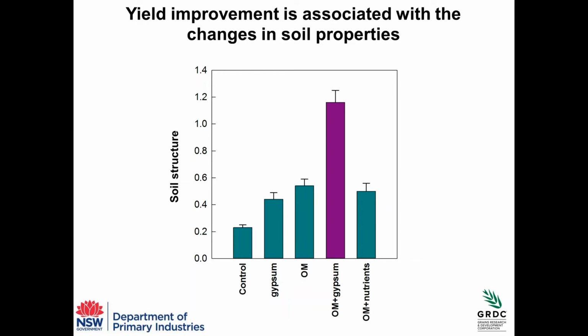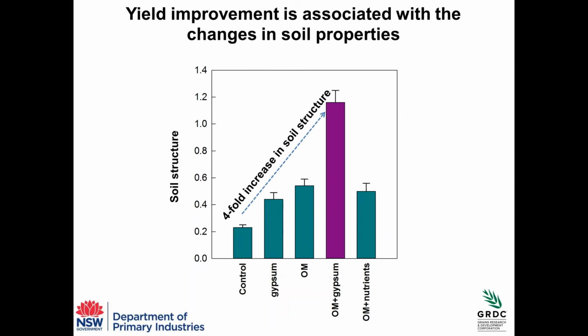There is a little bit of extra aggregation compared to control achieved by organic matter. And when you add these together, I want you to remember our best result in the field was when we put in a pellet that contained organic matter, gypsum, and nutrient. In this case, when we put them together, there is an additive effect, and there is up to a 4-fold increase in soil structure.